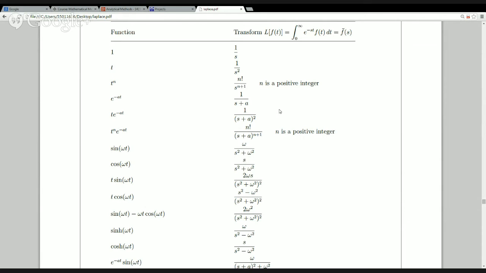The s over s squared plus 1 is okay. That's on the table. And lastly, this is s plus 1 minus 1 over s plus 1.